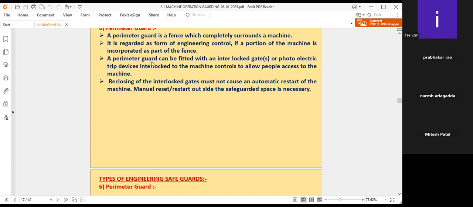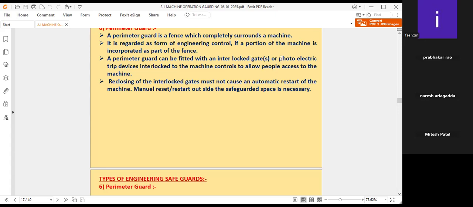In one of the industries I've seen with such perimeter guards, nothing can be done by the operator. Only the sensor has to see. He has some card. He will show the card to that sensor. Immediately, the guard can be opened and power will be shut. That is called an interlock gate.